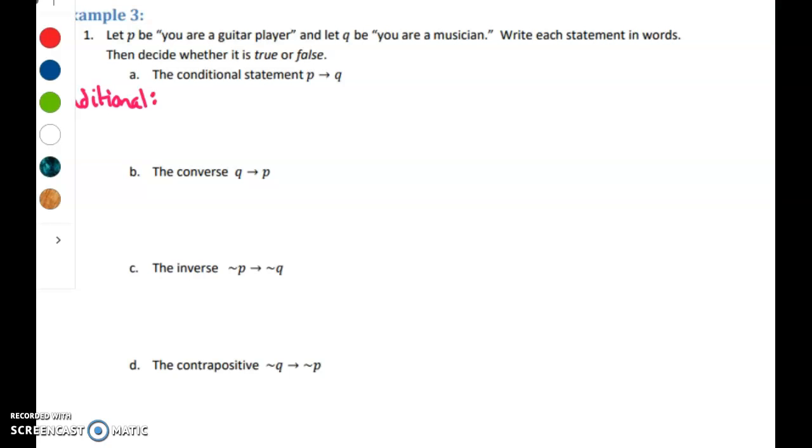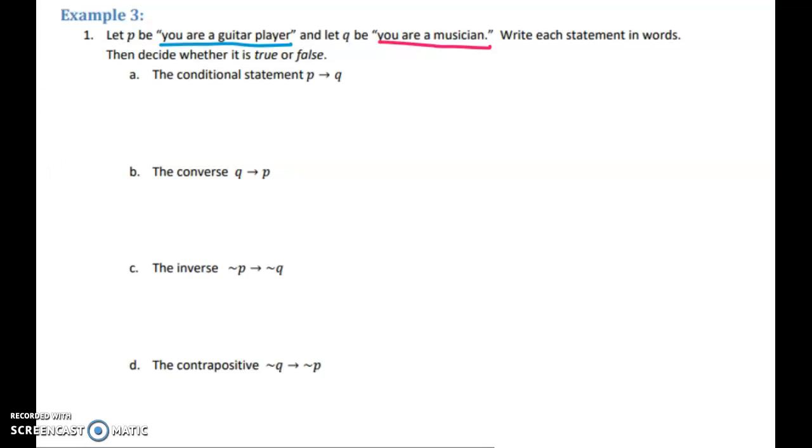I stuck with blue as our hypothesis and pink as our conclusion, and I used purple just because it was a neutral color that I hadn't used for anything.